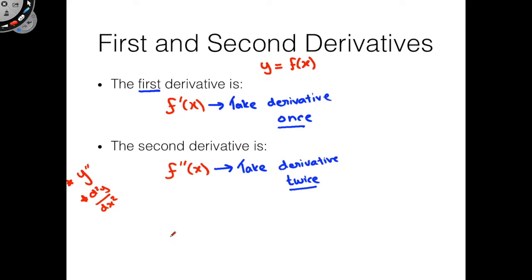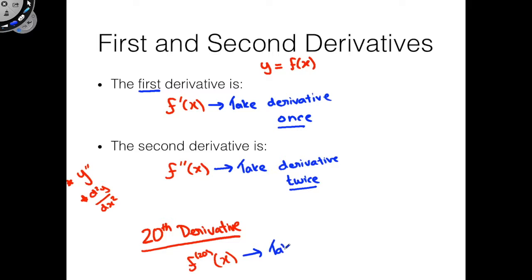For example, if we wanted the 20th derivative, we use these little parentheses here, it would be f^(20) of x. And what this would mean is we take the derivative 20 times. That's basically what this means.